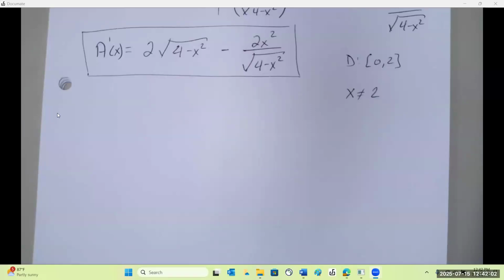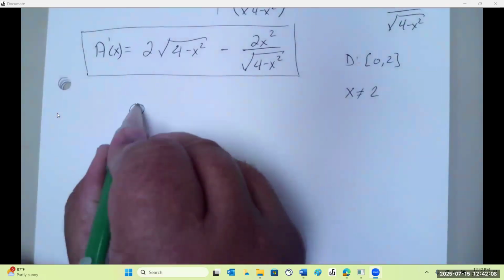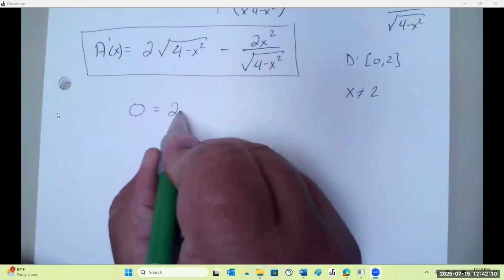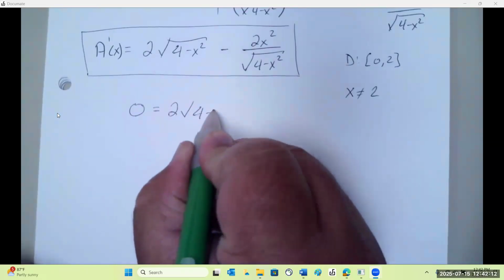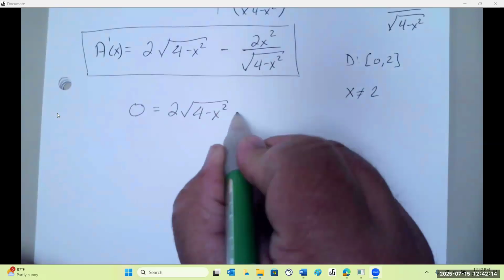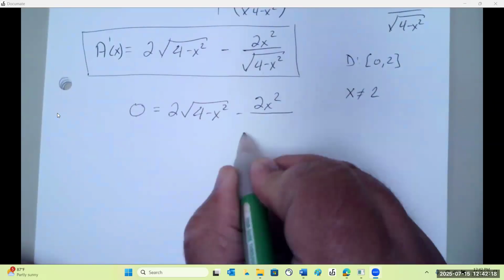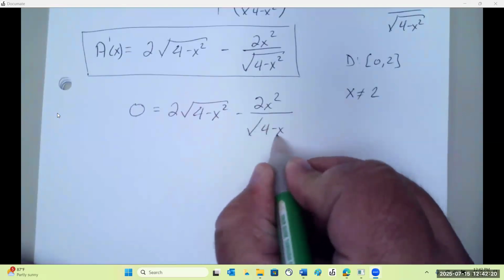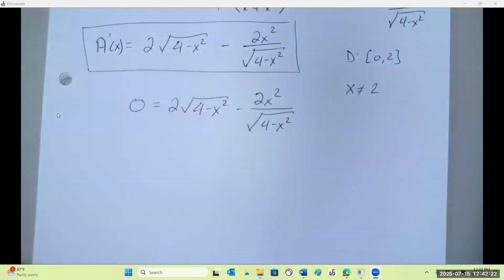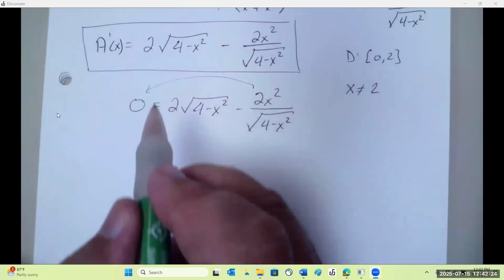What do we do with this to find extrema? Set it equal to 0. Minus 2x squared. Move this value over here.